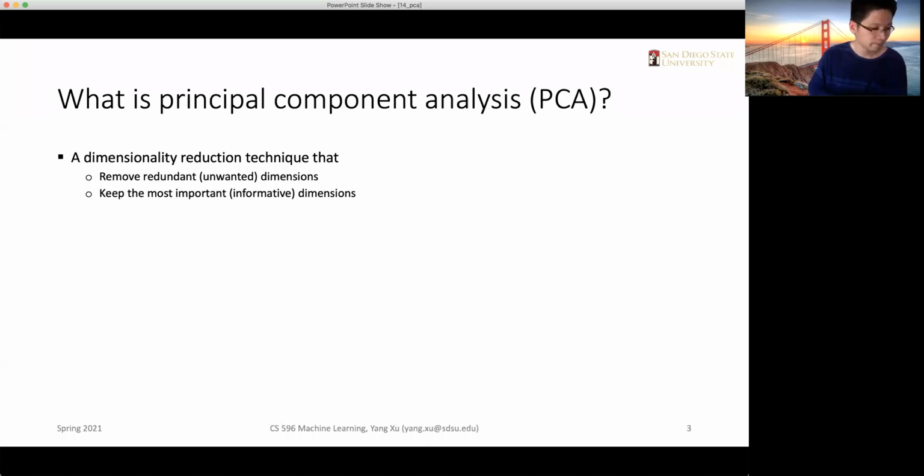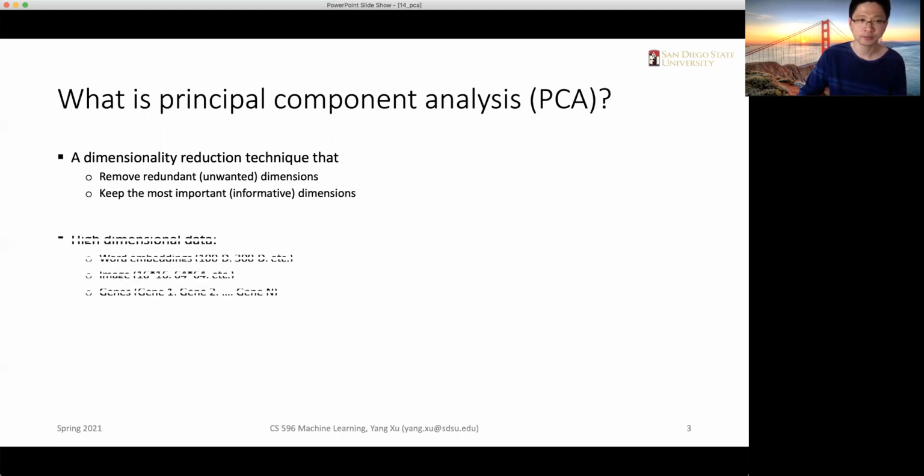Say if you have a data set of very high dimensionality, with way more features than you expected, then you can use such a technique to reduce the dimensionality to the number of dimensions of your desire, or of your interest. So that the most important dimensions can be kept, while those that are not relevant, not that informative, will be removed.